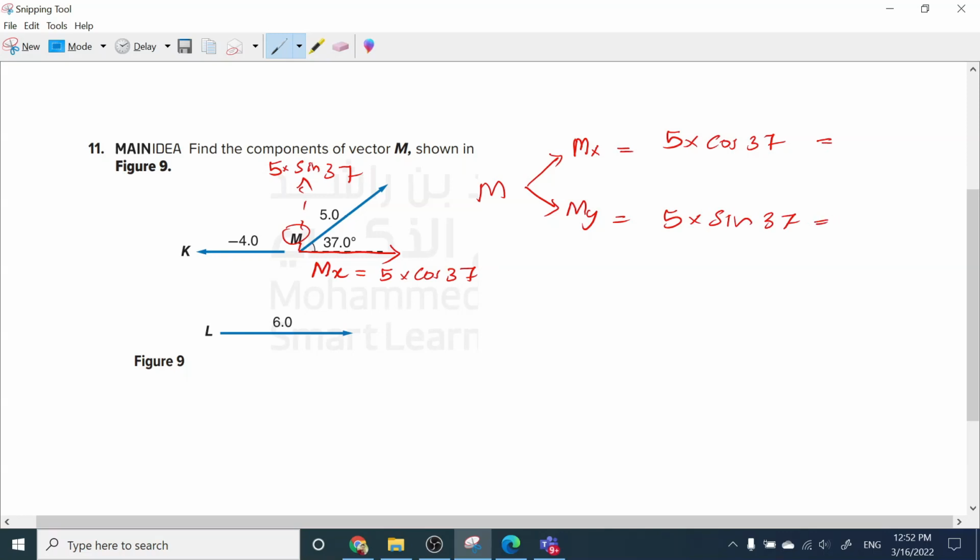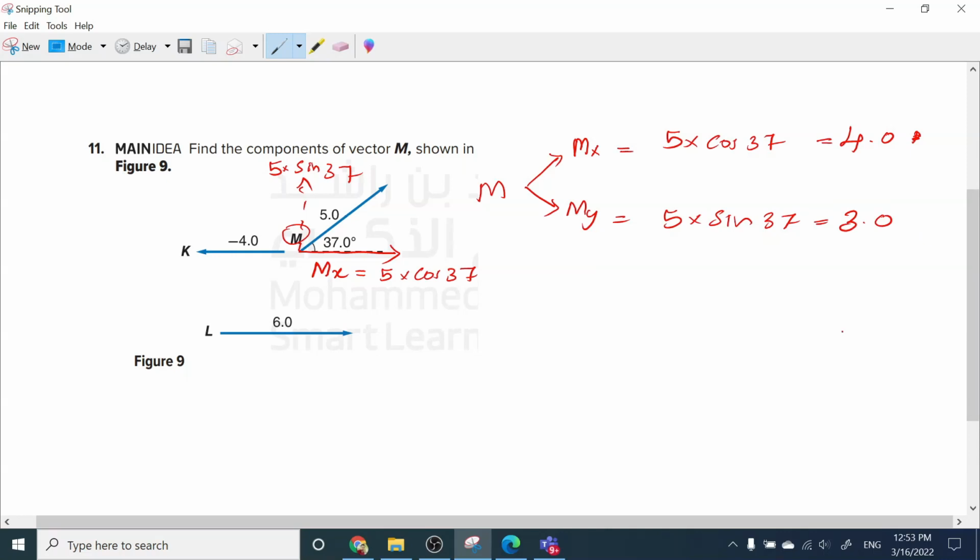Now we will calculate. 5 multiplied by cos 37 is 3.99 Newton. I will round this to 4.0, with no unit because no unit is mentioned there. Then the value of My, 5 multiplied by sine 37, is equal to 3.00, so I will write 3.0.